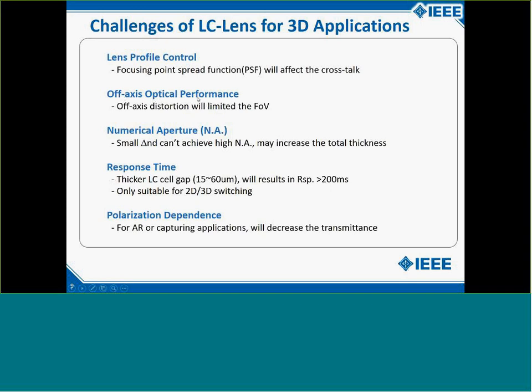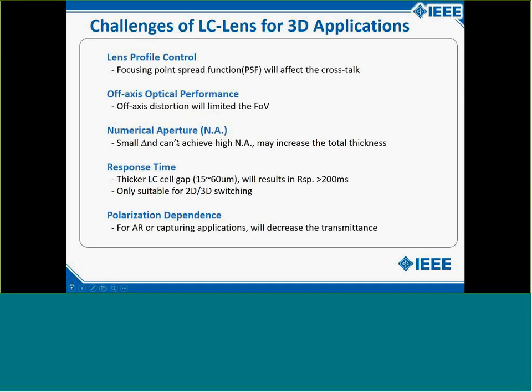The second one is optical performance, especially for augmented reality or virtual reality. Usually AR and VR displays have a large field of view, and a large field of view will induce some off-axis optics. Off-axis distortion in the liquid crystal lens array is currently still one of the issues that limit the field of view.